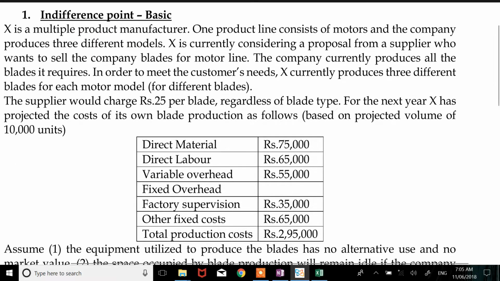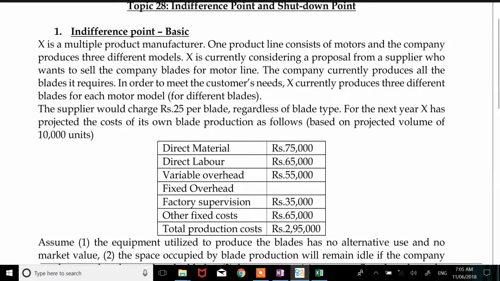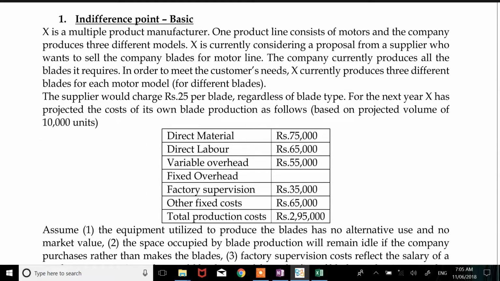So let's start with question number 1. X is a multiple product manufacturer. One product line consists of motors and the company produces 3 different models. X is currently considering a proposal from a supplier who wants to sell the company blades for the motor line. The company currently produces all the blades it requires.